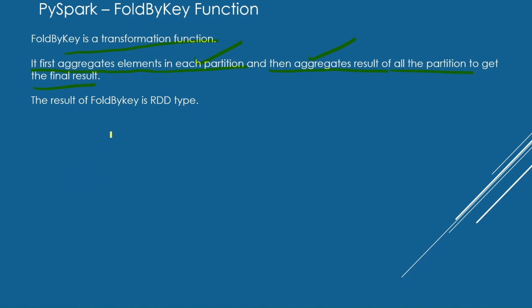So first aggregation of the elements in each partition, and then aggregating all the results of the partitions to get the final result. The result of FoldByKey is an RDD type.